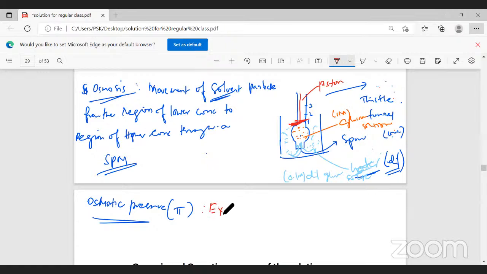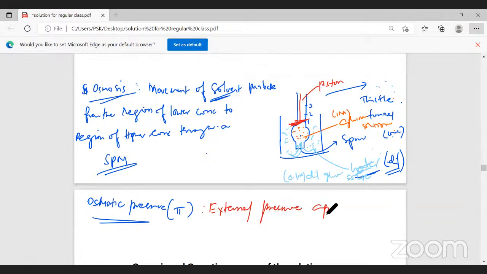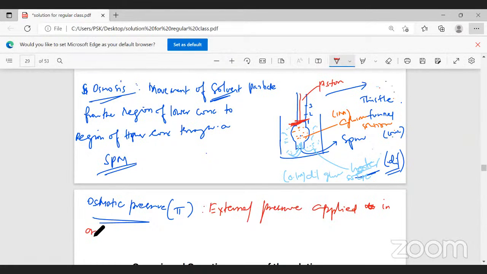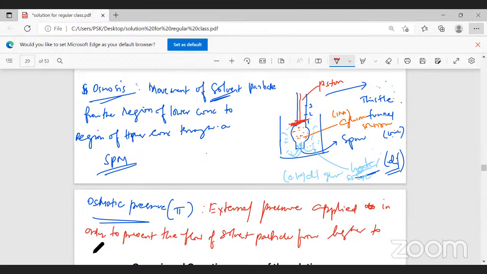The external pressure applied in order to prevent the flow of solvent particles from the region of lower concentration to the region of higher concentration through a semi-permeable membrane is called osmotic pressure.